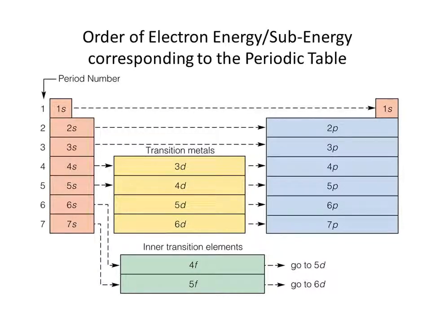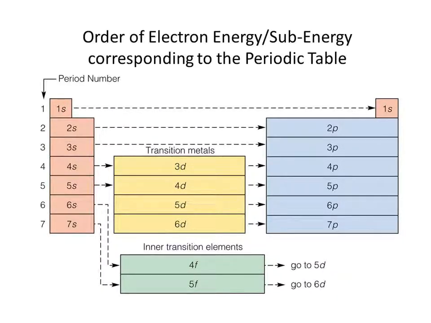Okay, instead of trying to remember which energy level and sublevel comes first and what the order is, your periodic table is set up to help you do that very easily. Let's see how it works. In my first energy level on the periodic table, I only have one sublevel, the S sublevel, and only 2 electrons are allowed in that, so we have element 1 and element 2, hydrogen and helium.